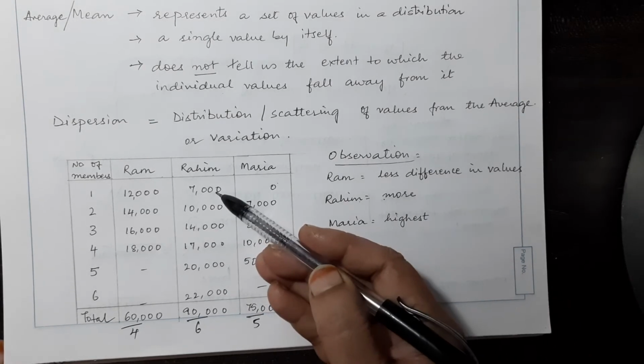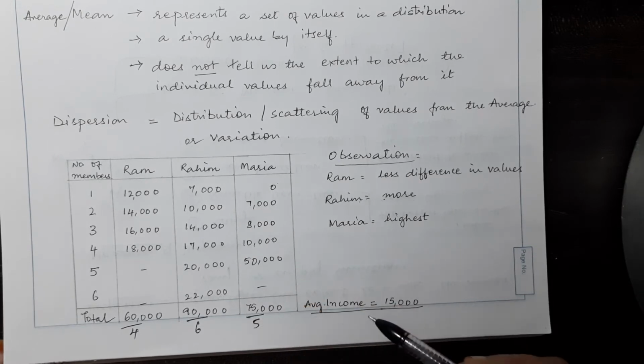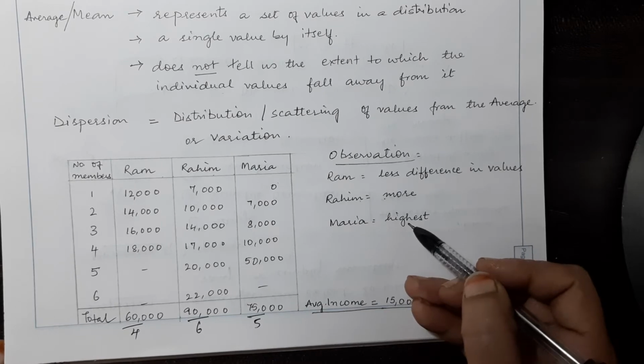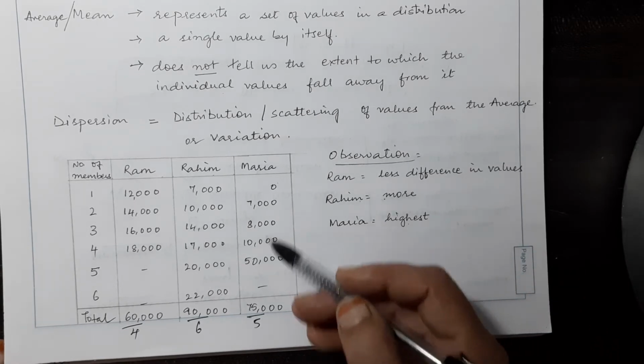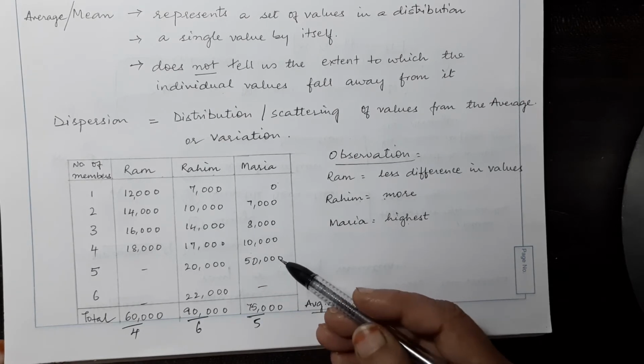One is earning 7,000 and the other is earning 22,000, which is away from 15,000. Then in Maria's family, there is a lot of variation. One earns 7,000, the other is earning 50,000 rupees, which is way too big a number, isn't it?